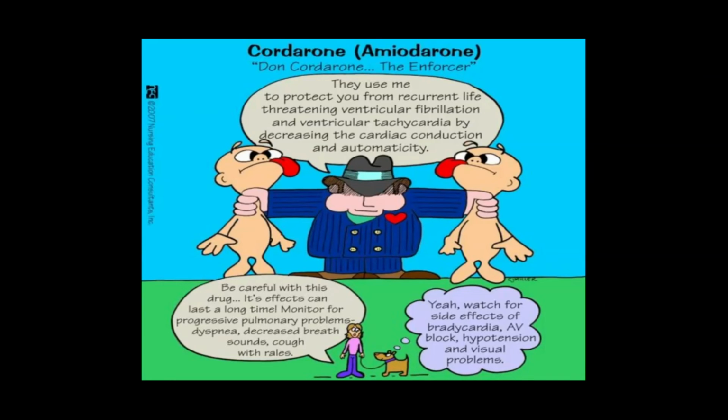Be careful with this medication. It can last a very long time, the effects of it. So we're going to monitor for progressive pulmonary problems such as dyspnea, decreased breath sounds, cough, and rales. Other side effects include bradycardia, AV block, hypotension, and visual problems.